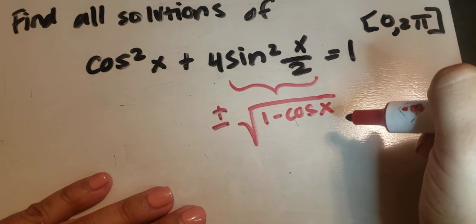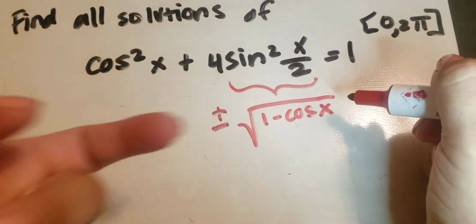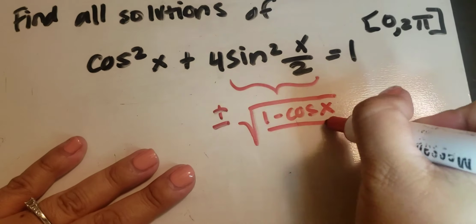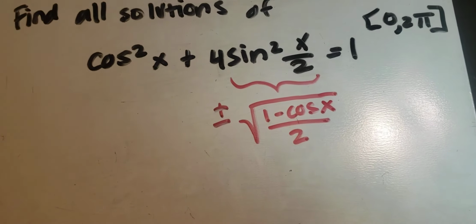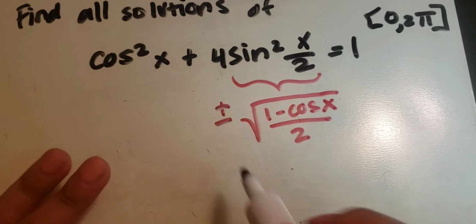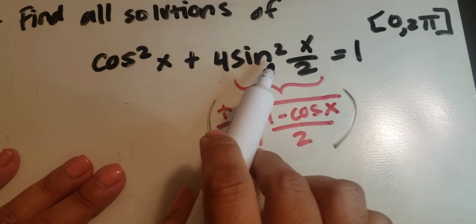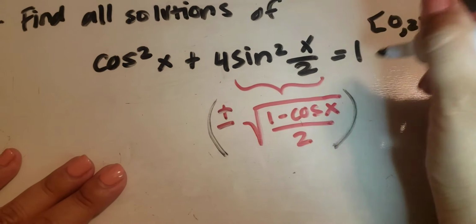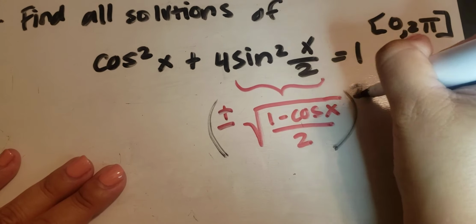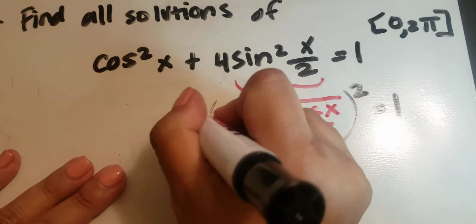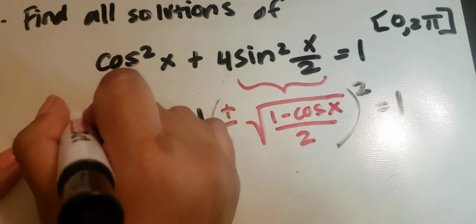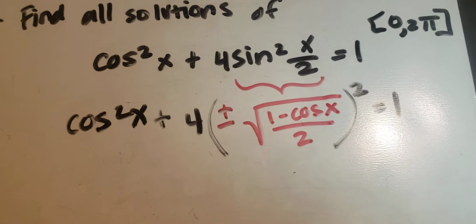Of course, in the formulas they're using u, but obviously we're using x, over 2. Before I bring everything down, this is being squared, so make sure you square it out here. Equals 1 multiplied by 4 plus cosine squared of x.